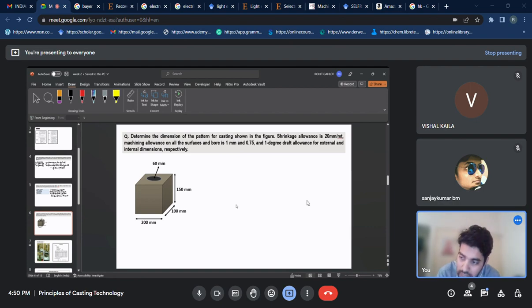And similarly for the central core you subtract two times. That's how you get the machining allowance.